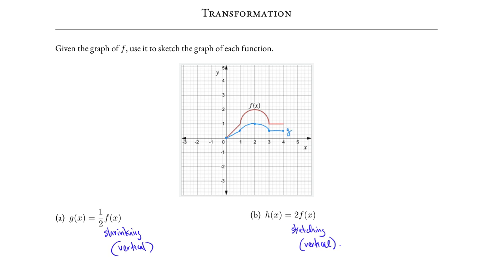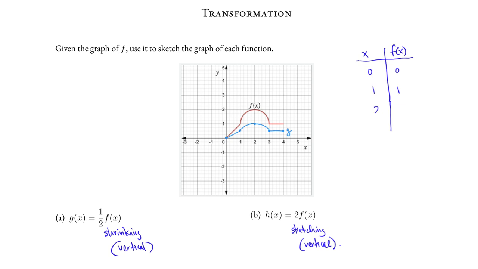Similarly, the graph of the function h would double the height of the function f. At this point, we notice that it helps if we keep track of the table of values of f of x. When x equals 0, f of 0 is 0. When x equals 1, f of 1 is 1.